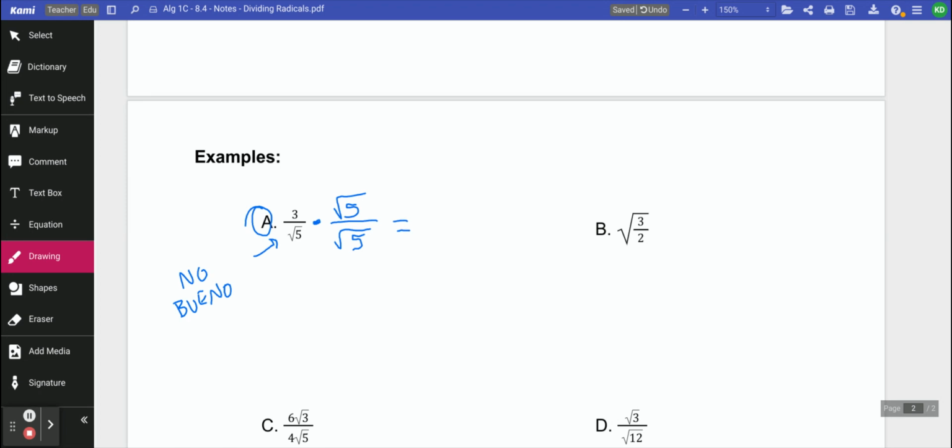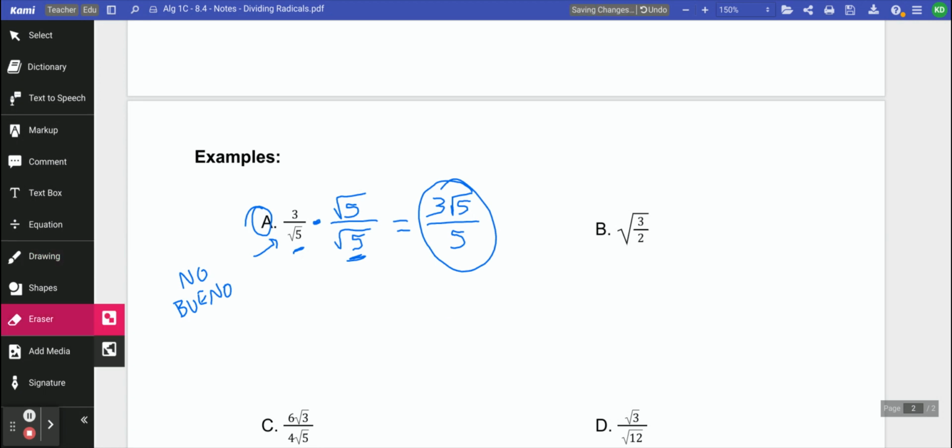If we remember from fractions, we multiply across. So the top is going to be 3 times radical 5. And the bottom, like our warm-up, radical 5 times radical 5 is regular 5. Skip that middle step. Then we check. We have 3 and 5 outside of a radical, but we can't simplify 3 over 5, so we're going to leave it alone.